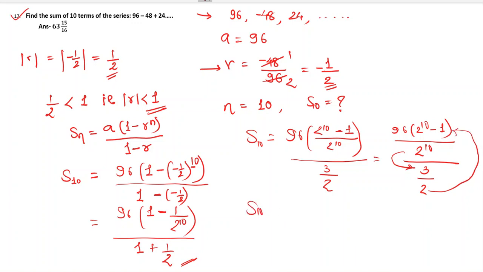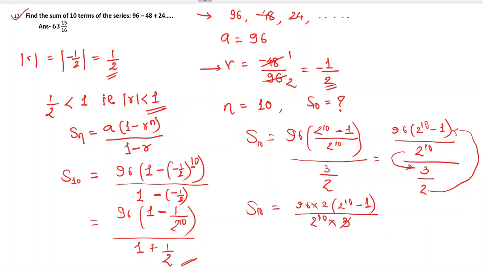So sum of 10 terms will become 96 multiplied by 2 multiplied by 2 raised to 10 minus 1, the whole upon 2 raised to 10 into 3. Right? So now you just have to simplify this.